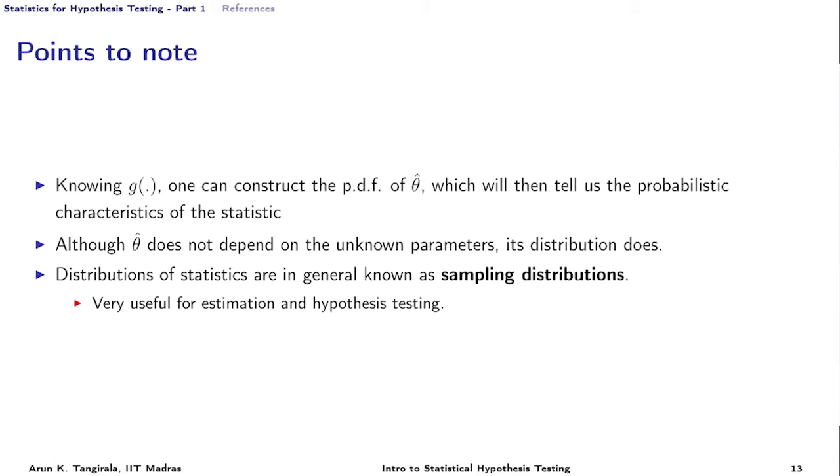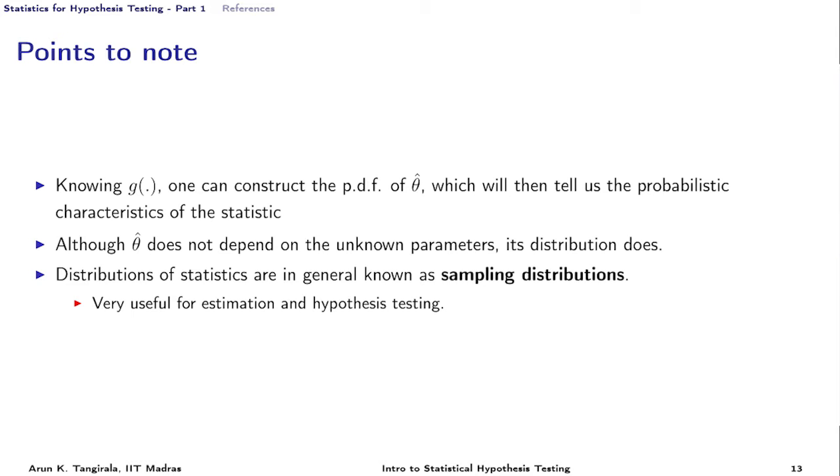Now, we are slowly narrowing down to our problems of interest, which is that of hypothesis testing of mean, variance, proportion and correlation. Therefore, the statistics of interest for us are sample mean, sample variance, sample proportion and, in bivariate analysis, sample correlation.